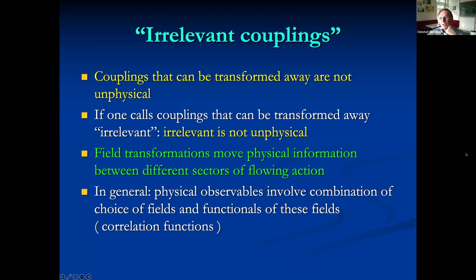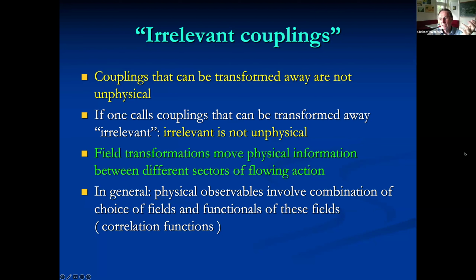So the field transformations, the only thing they do is move physical information between different sectors of the effective action, or more generally, if you look at flow equations, between different sectors of the flowing action. That is a very general statement, because observables are not just correlation functions of fields.